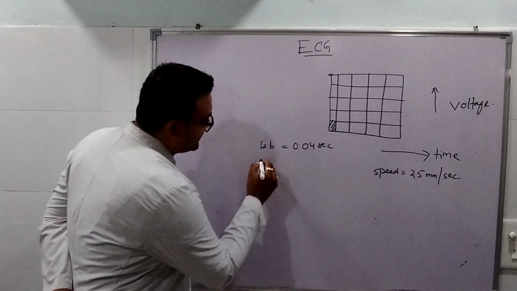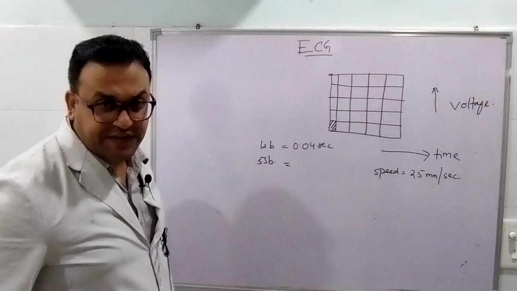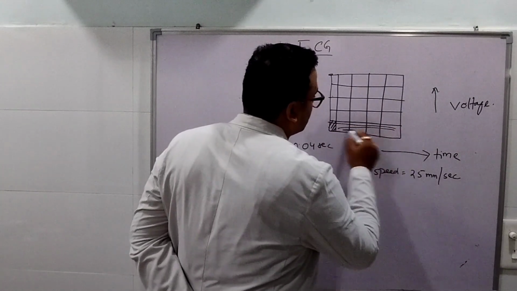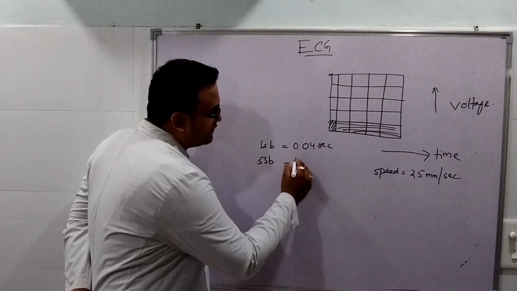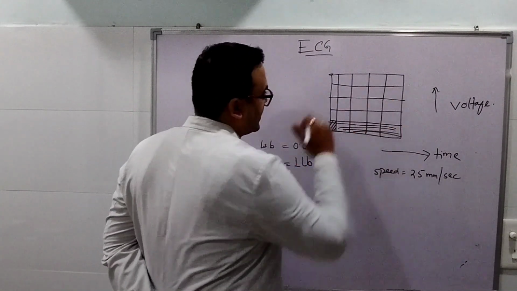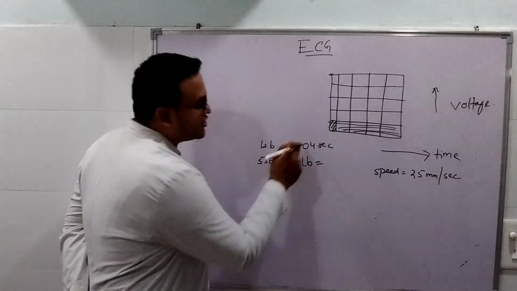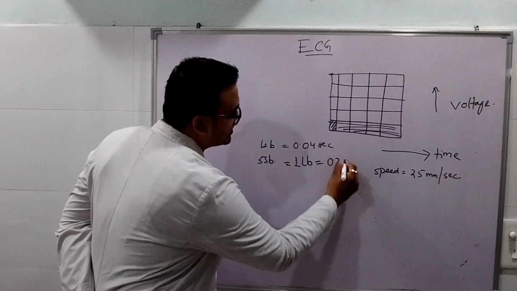So if we take five small boxes in this timeline, that makes one large box. Five small boxes will make one large box in the x-axis, and that will be 0.04 into 5, that is 0.2 seconds.